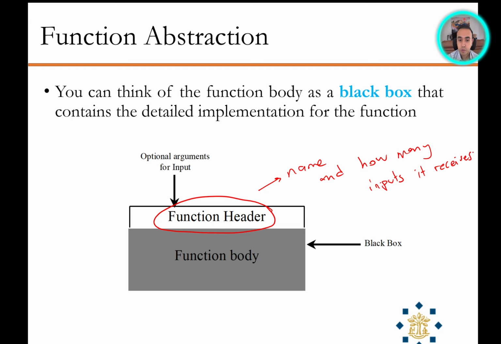That's all you need to know. You don't need to know what's in this black box. Okay? So just think of it as a black box. You just know what it does and the name and how many inputs that it receives.